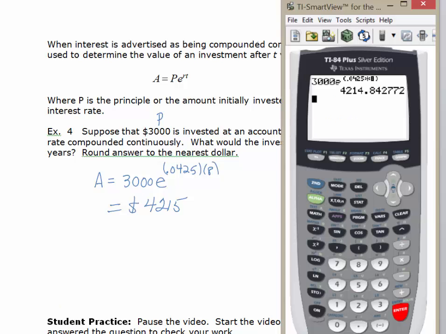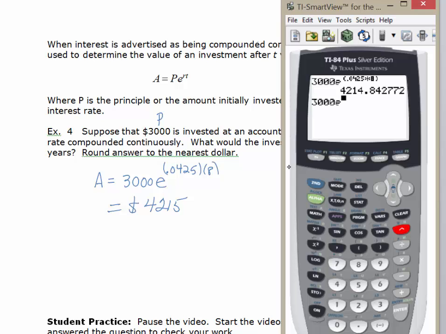Now let me show you how to use the other key. It's up to you. It's your choice. We're going to evaluate the same expression, 3,000. If we multiply that by e using the second division key, you see how that just gives us the number e and it doesn't raise it to the power.